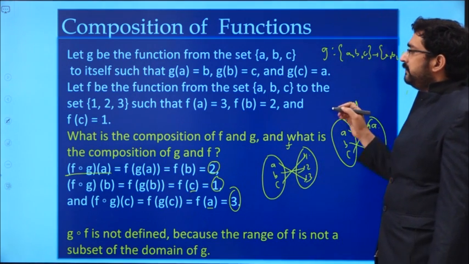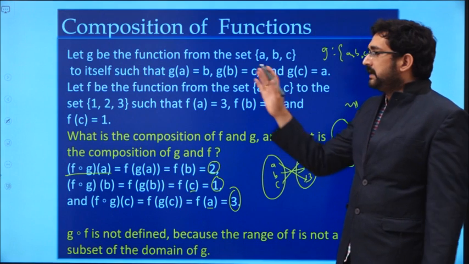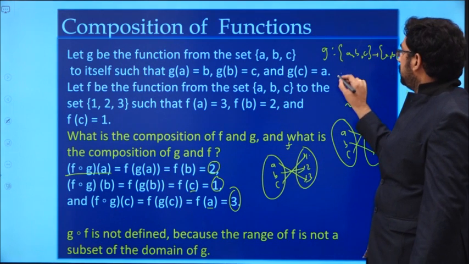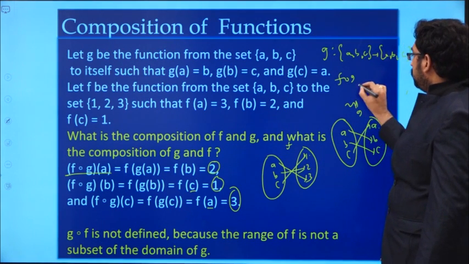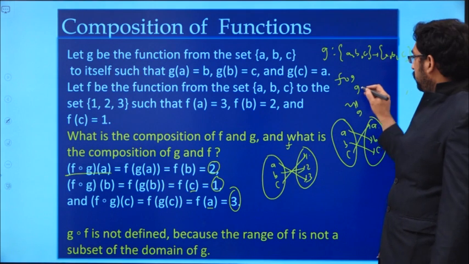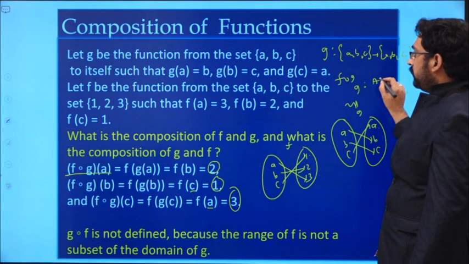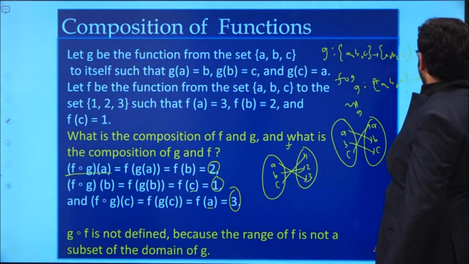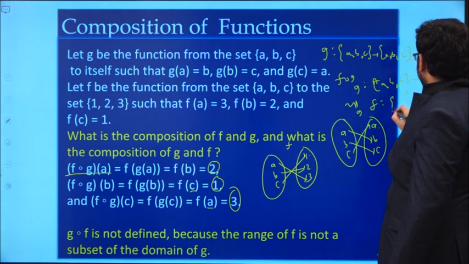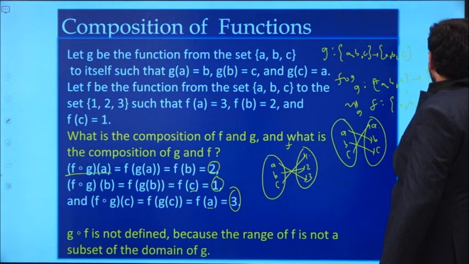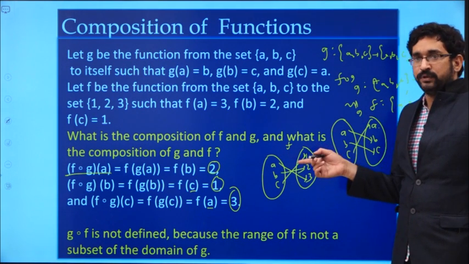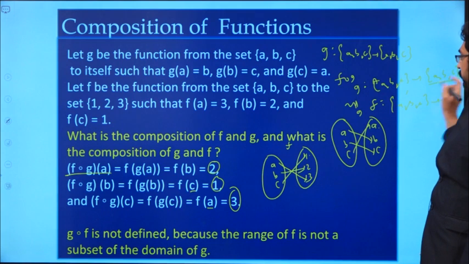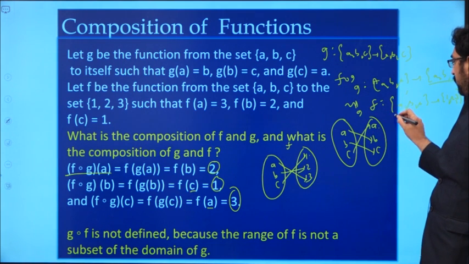So when we are finding f circle g, we should take it in reverse. How will we compute it? We should come from g. G is from {a, b, c} to {a, b, c}. F is a function from {a, b, c} to {1, 2, 3}. Here composition is possible because the codomain of g maps with the domain of f.